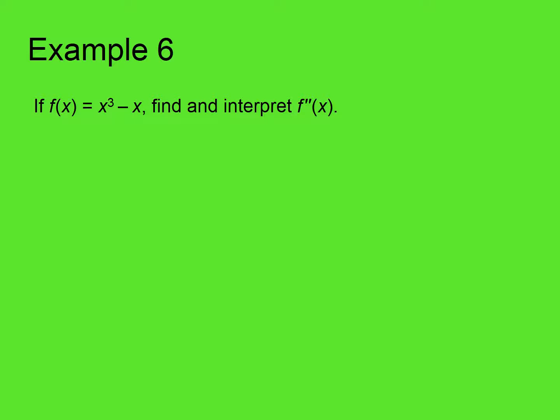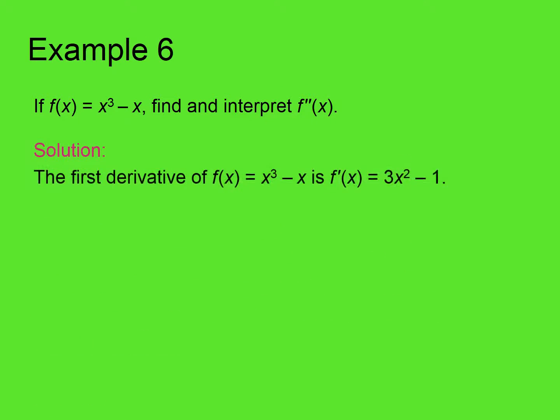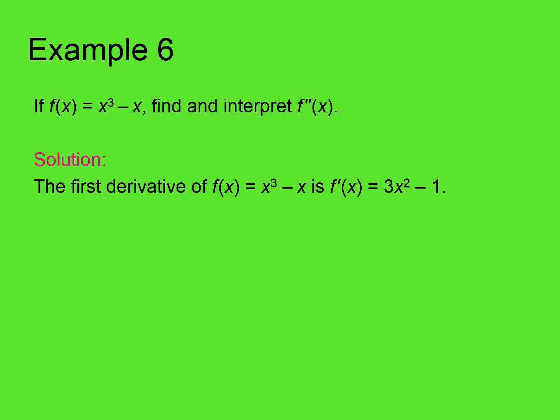Example. Here's a function f of x equals x cubed minus x. Find and interpret f double prime of x. Okay. Now, we're not going to take the time to use the definition of the derivative and apply it to f. So we're not going to take the time to say, okay, let's get the limit as h goes to 0 of f of x plus h minus f of x all over h, and apply that to f of x.